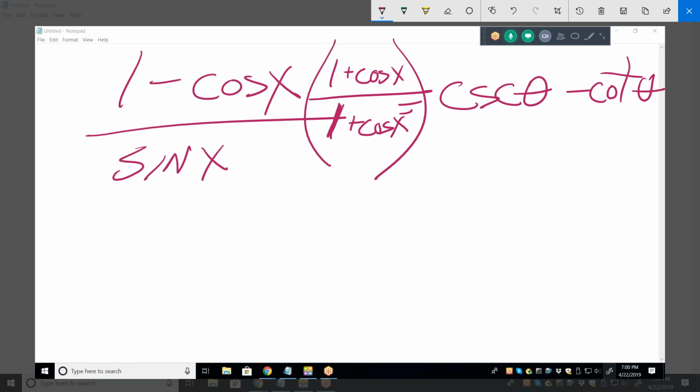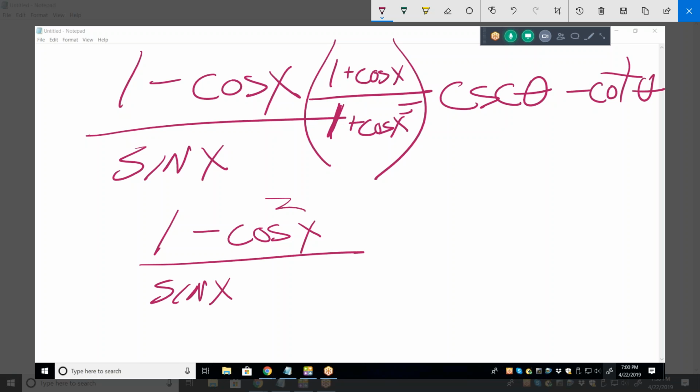What that gives me in the top is 1 minus cosine squared of x. And that's beautiful because that converts to a single term, sine squared of x. What it gives me in the bottom is this. Don't worry about this yet. Don't distribute it for sure. But you can see how the left side became this?